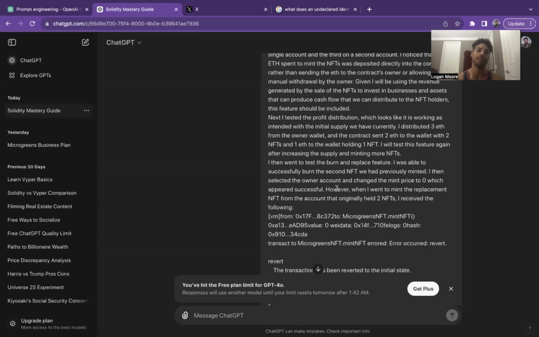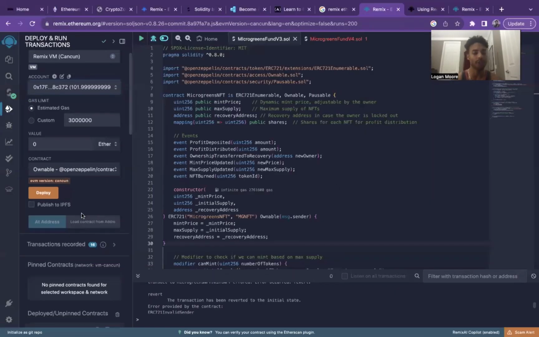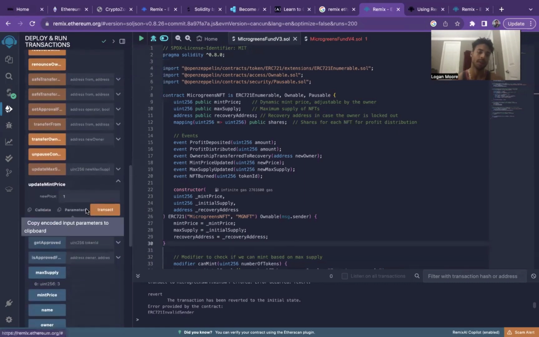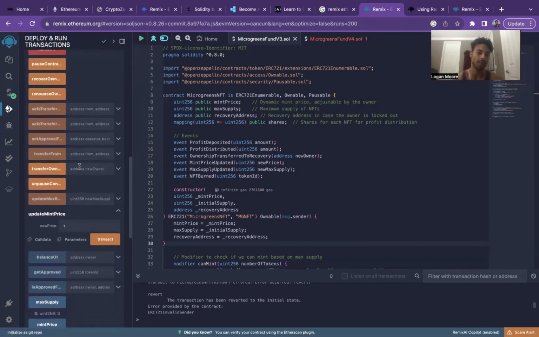When I went to mint the new one, I changed the mint price, given I, as the owner, would not want to pay Ethereum to mint a replacement since I already received Ethereum. And I definitely wouldn't want the person who was stolen from to pay for a replacement either. So I set the mint price to 0, and then I went to mint the replacement.